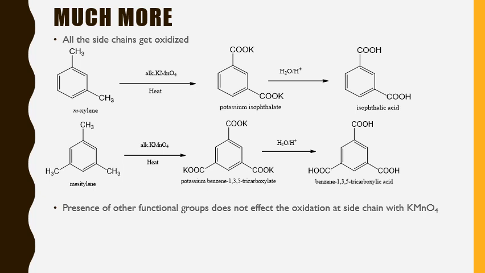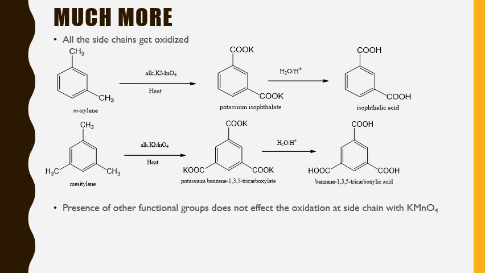However many carbons are attached to the benzene ring, if the carbon attached to the ring has at least one hydrogen, then such a group will be oxidized to COOH. So metaxylene will form isophthalic acid.